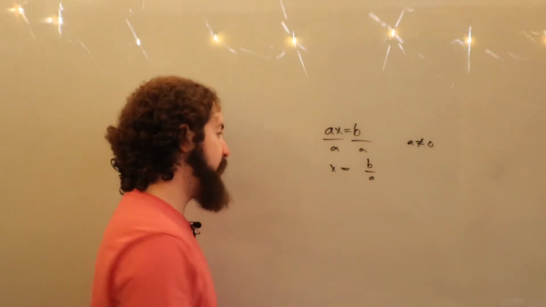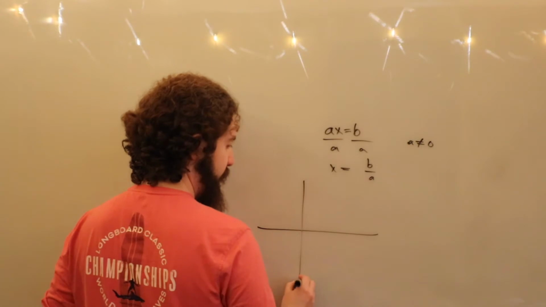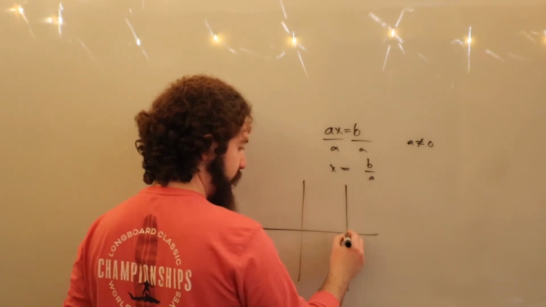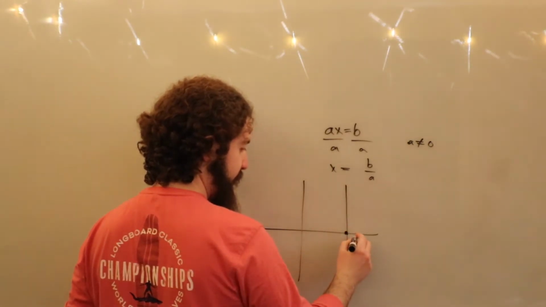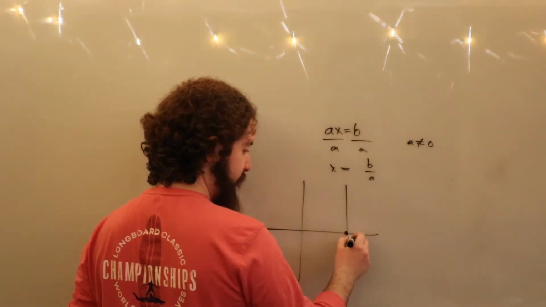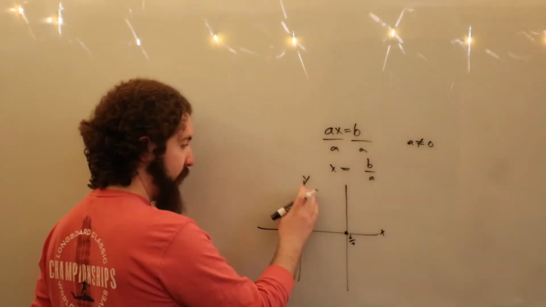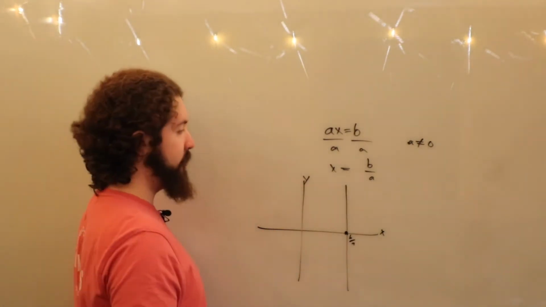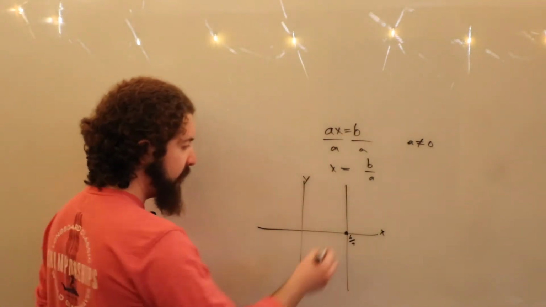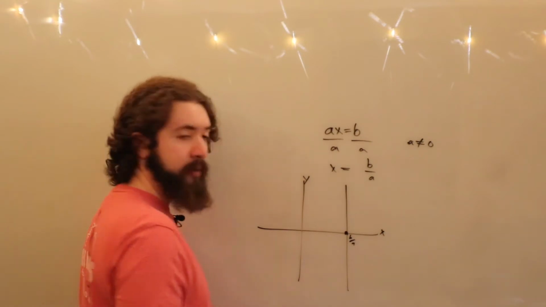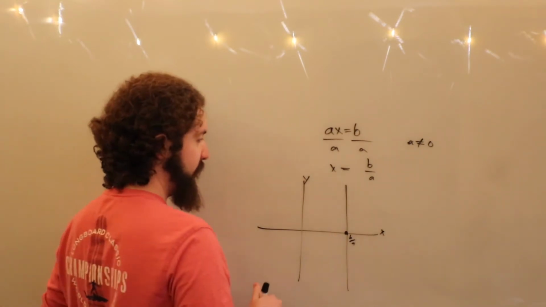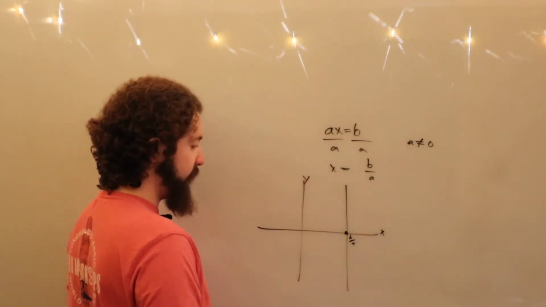Graphically, this represents a line going through the point on the x-axis whose x-coordinate is b/a. In particular, if we have our x and y axes as shown right here, then this line represents what we call the locus of solutions to this algebraic equation.